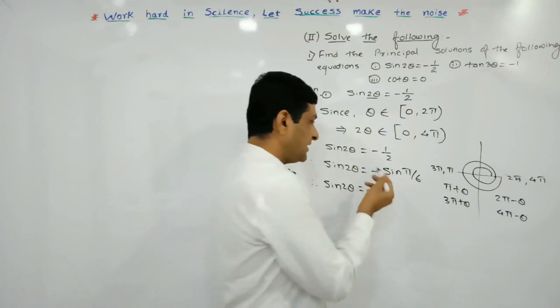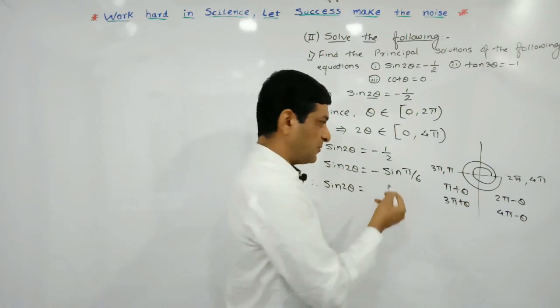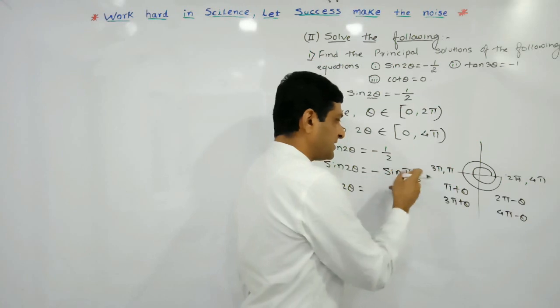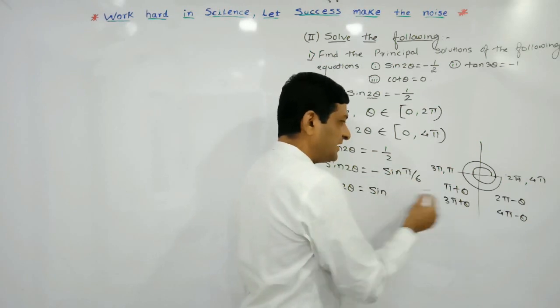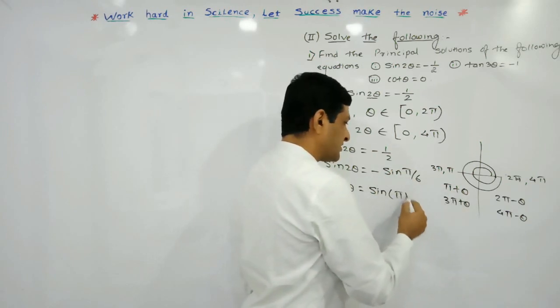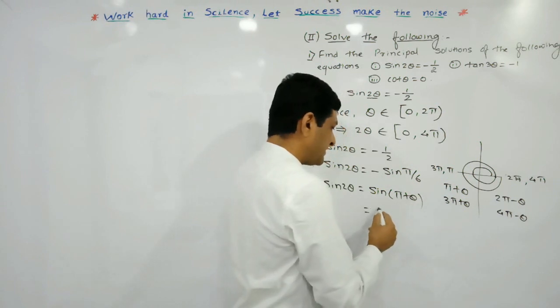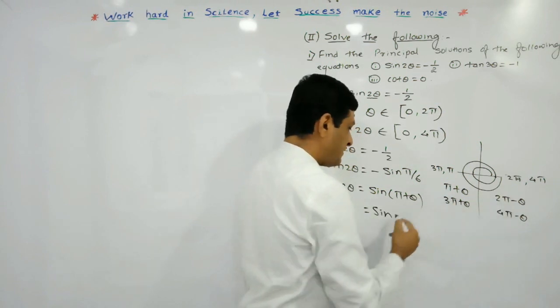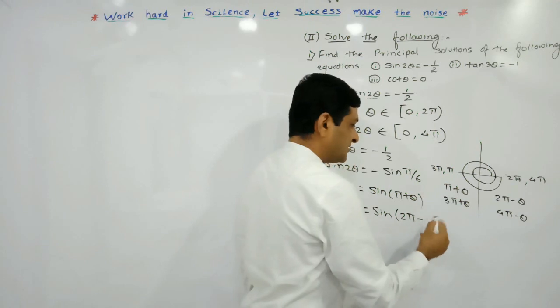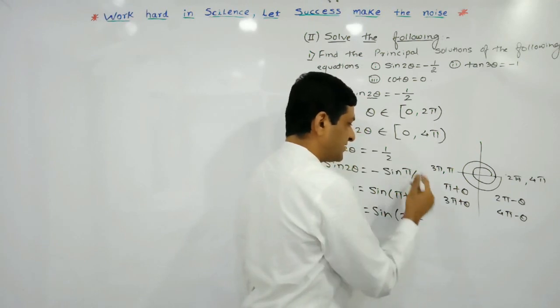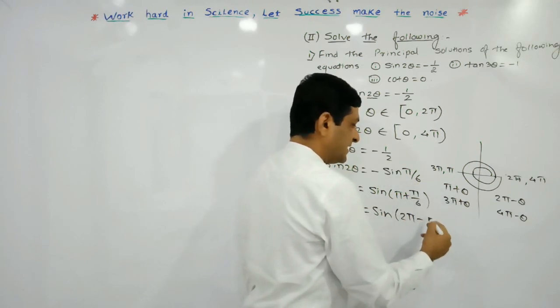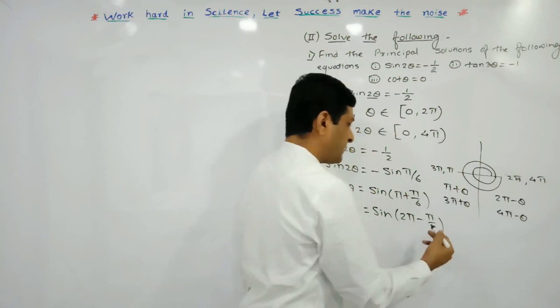According to allied angle formulae, sin pi plus theta can also be written as sin 2 pi minus theta. But what is the value of theta here? Theta is nothing but pi by 6, so replace theta by pi by 6.